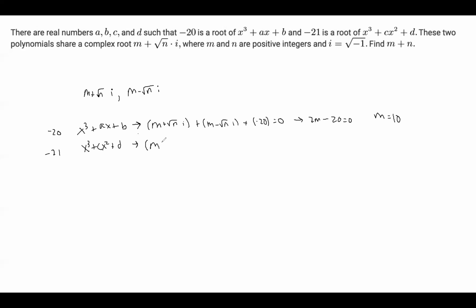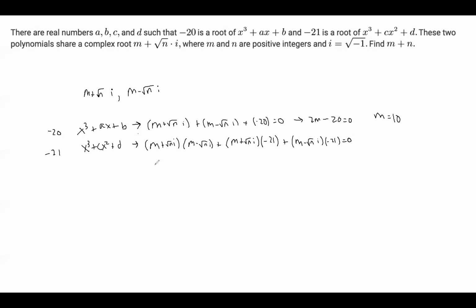So m plus square root of n i times m minus square root of n i plus m plus square root of n i times -21 plus m minus square root of n i times -21 equals 0.